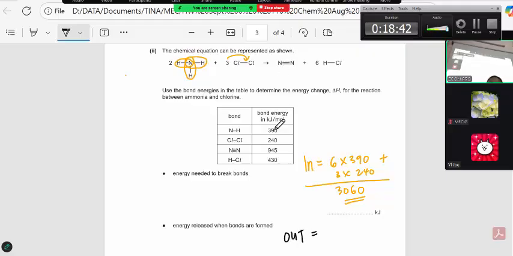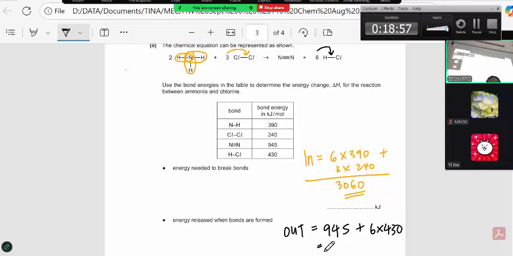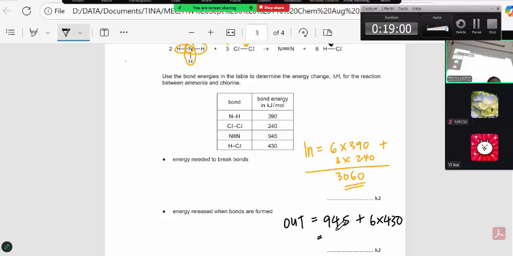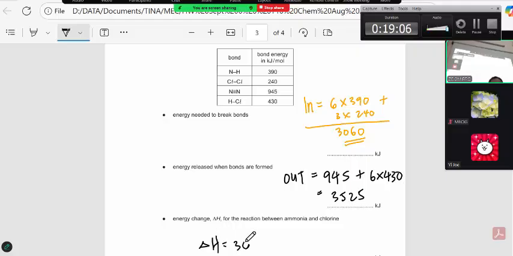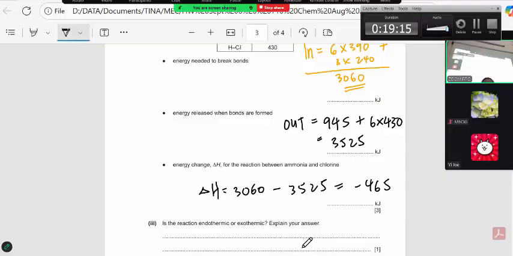Then out is this 945, then 6 multiply 430. So enthalpy change is 3060 minus 3525. Is it exothermic or endothermic? Exothermic. Why? Enthalpy change is negative.